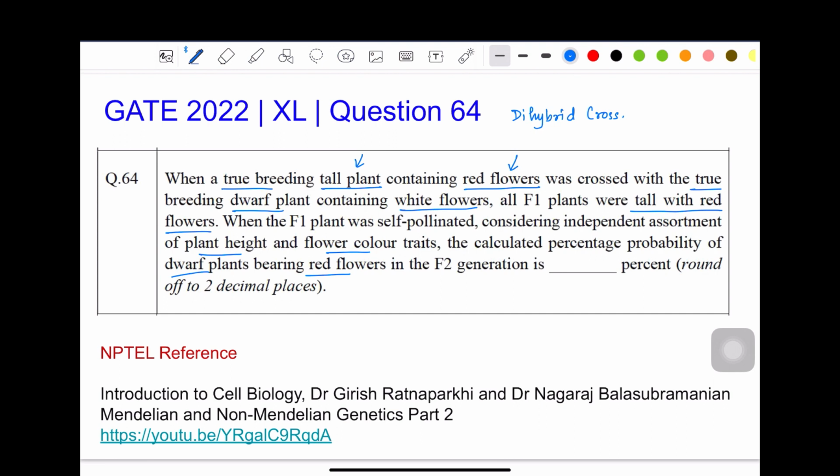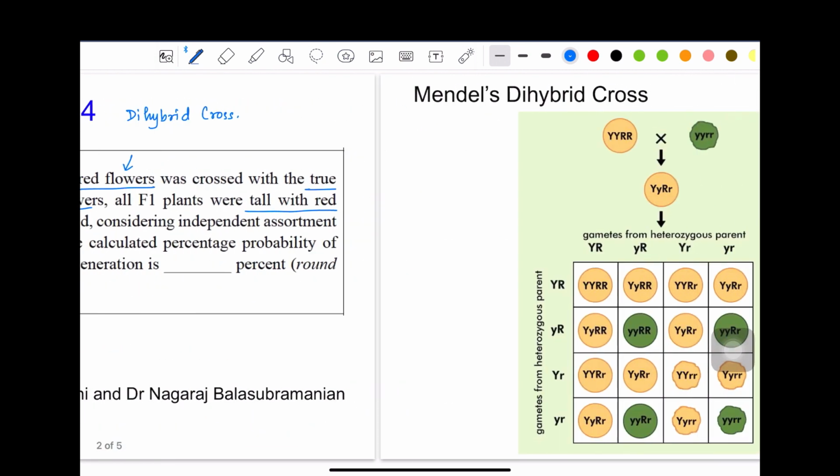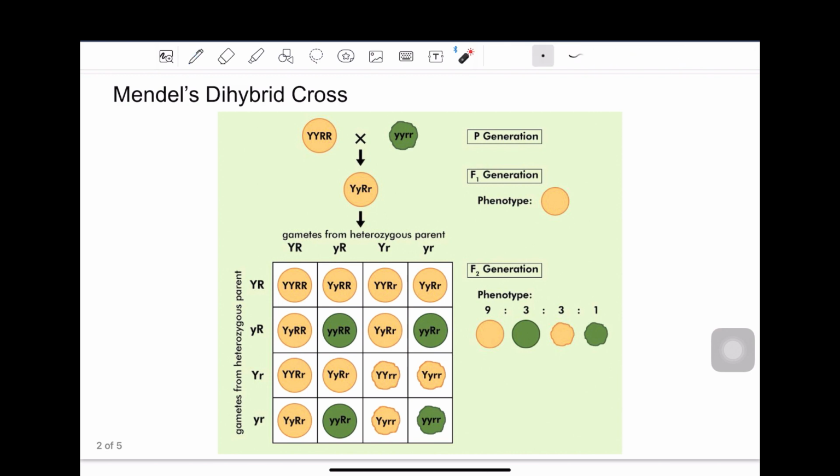And if you have gone through Mendel's monohybrid and dihybrid cross and the laws that Mendel stated out of the results of these crosses, we will just briefly overview Mendel's dihybrid cross. Dihybrid because it involves two characters.